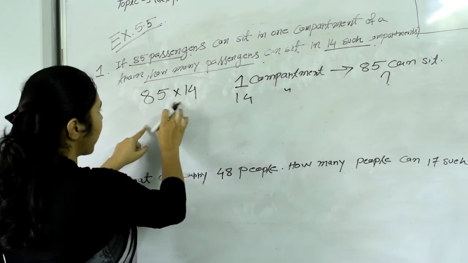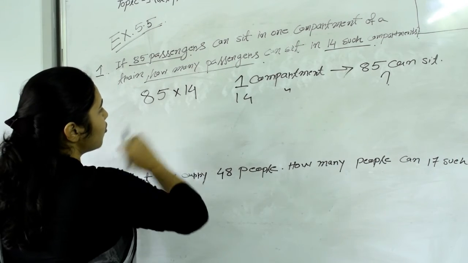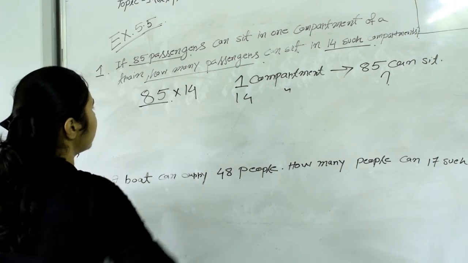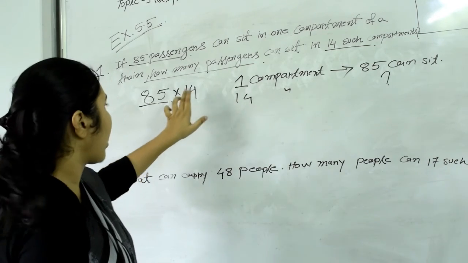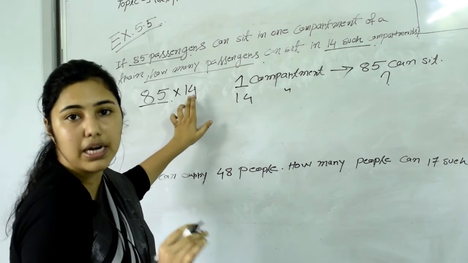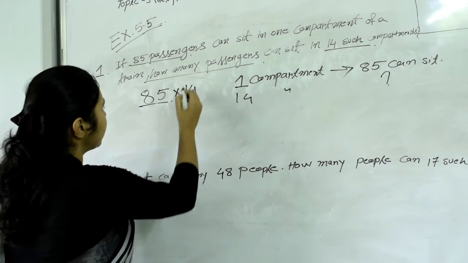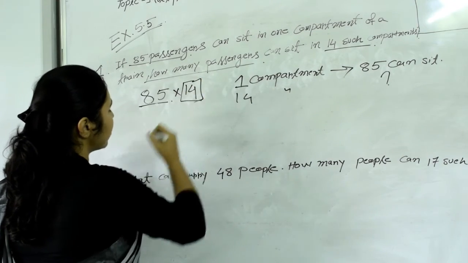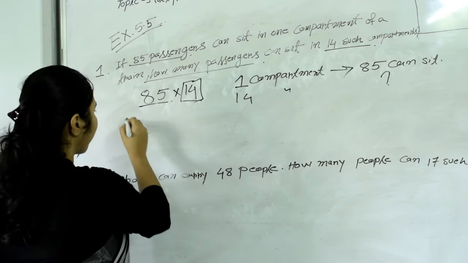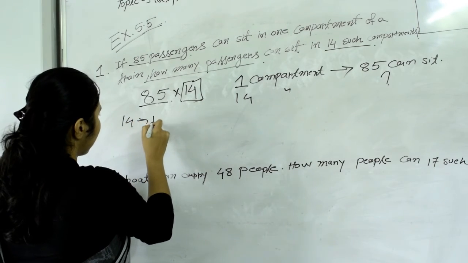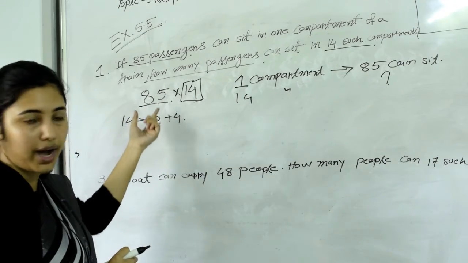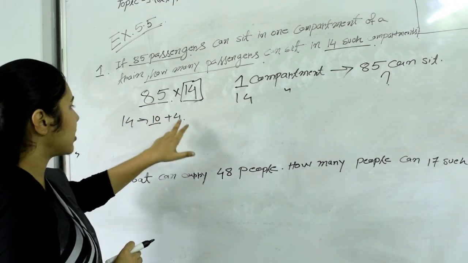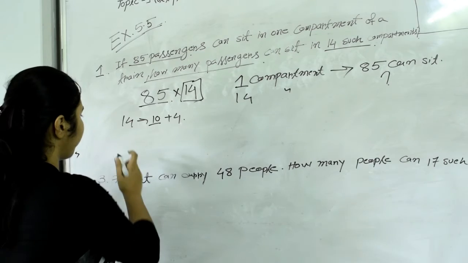So multiply 85 with 14. So again here consider 85 as multiplicand and 14 as multiplier. By the similar process, first split this multiplier 14 as 10 plus 4. Now multiply 85 with 10 and then multiply 85 with 4.